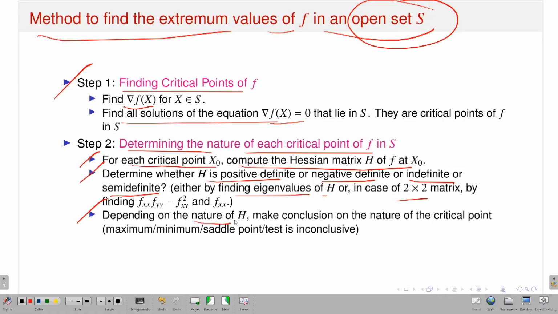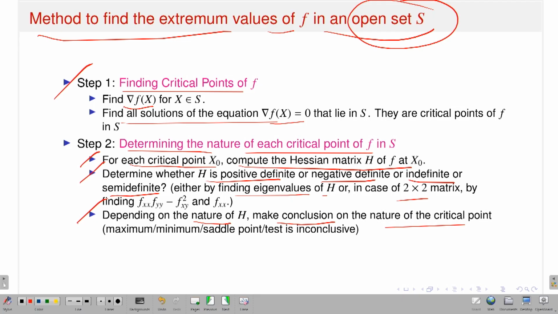With that you classify your Hessian matrix into a category, and depending on the nature of H, make conclusions on the nature of the critical point. That means it is either local maxima, local minima, saddle point, or the test is inconclusive. So, that is the method.